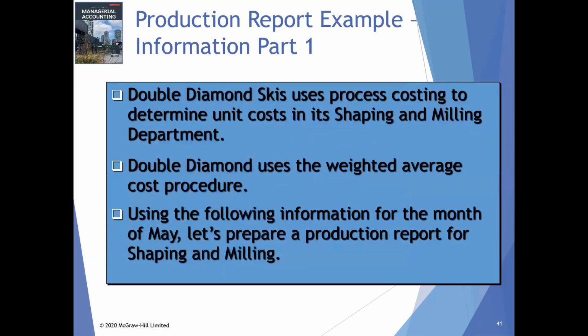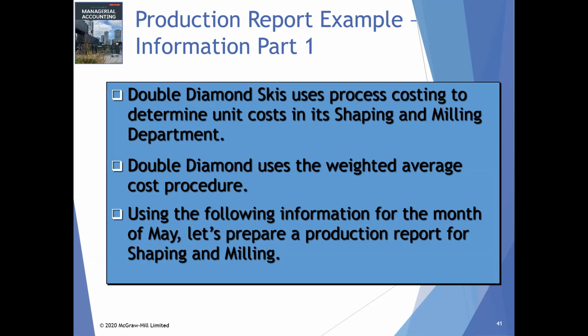Now let's see. Double Diamond Sky uses process costing to determine the unit cost in its shaping and milling department. Double Diamond is the name of the company that uses the weighted average method cost procedures. Using the following information for the month of May, let's prepare the production report for shaping and milling.